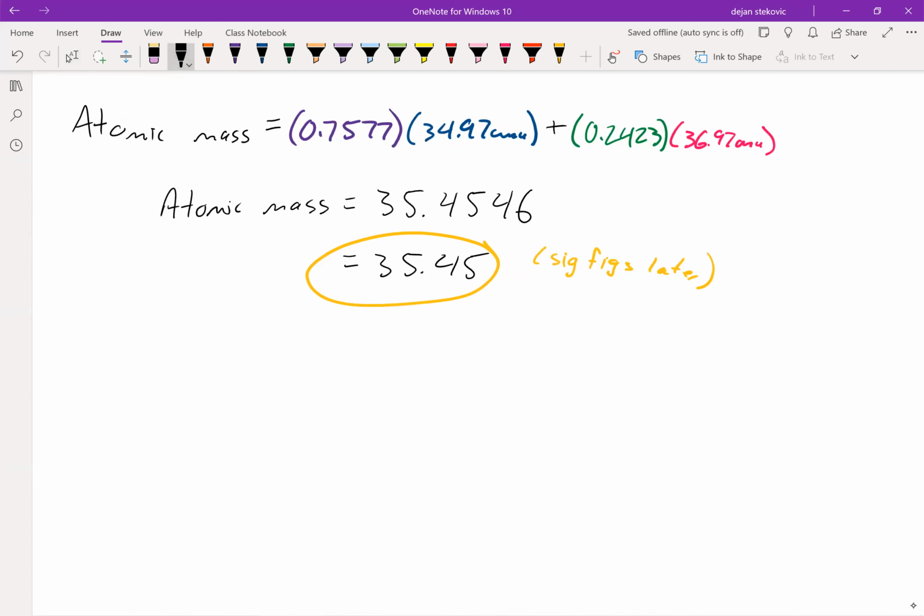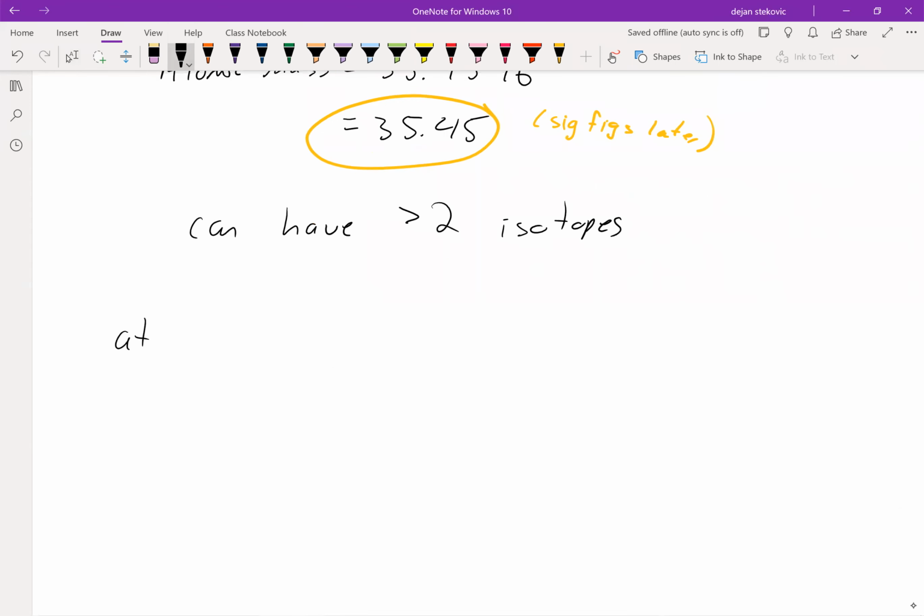In this case, we only had 2 isotopes, but you can have more than 2. And it's the same process though, right? Your atomic mass will just be the sum of its parts. So you'll take your percent as a decimal, multiply it by the mass of that isotope, add in the next one, right?